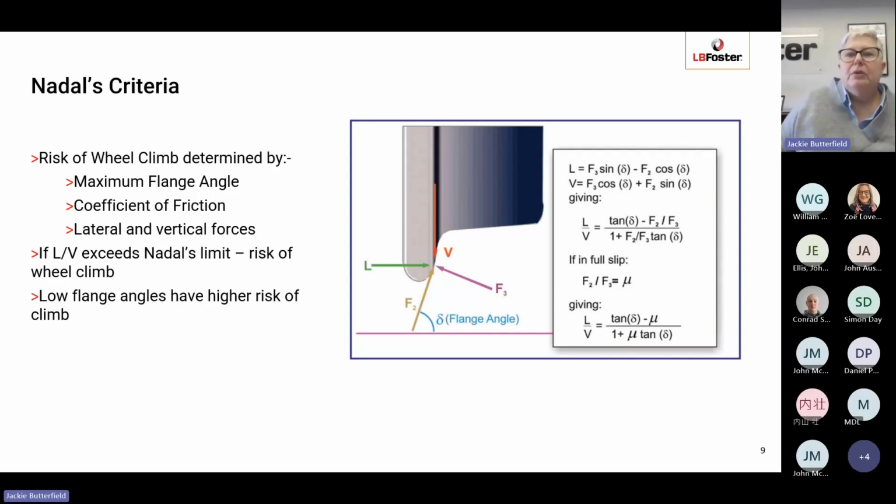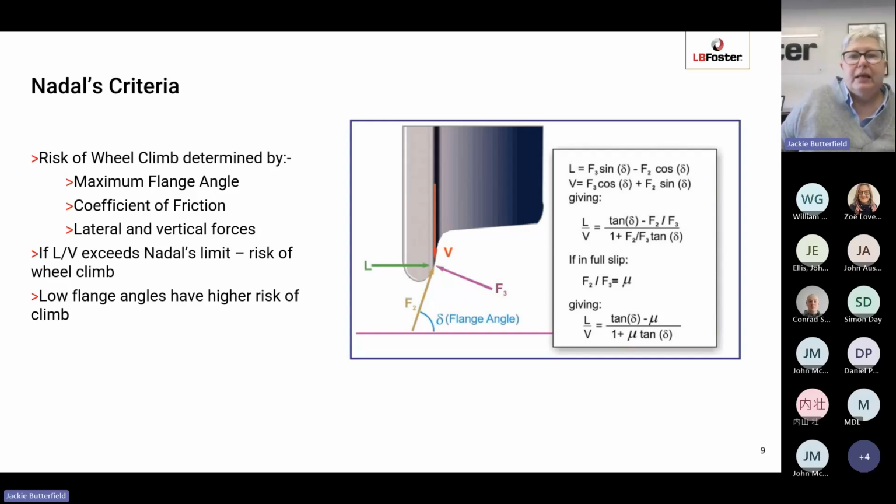So if the maximum contact angle is used, this gives a minimum wheel L/V ratio at which the wheel climb derailment can occur at a given contact angle and coefficient of friction. The higher the contact angle, the higher the L/V ratio needs to be to control derailment.